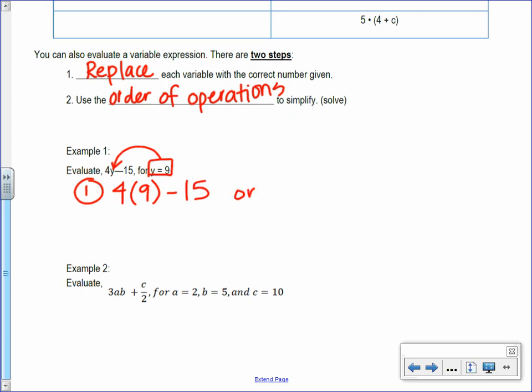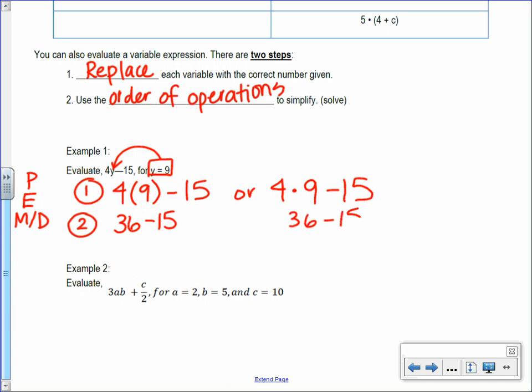Or you could always write 4(9) minus 15. Means the same thing, I'm just using parentheses on this side. All right, and then step 2 is use that order of operations. So there are parentheses, there are not exponents, there is multiplication or division. So 4 times 9 is 36. If you're doing it this way, same thing. And then 36 minus 15 is 21. So your final answer here should have been 21.